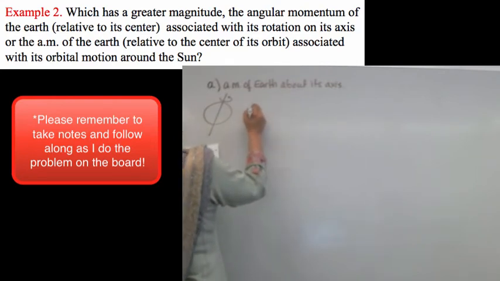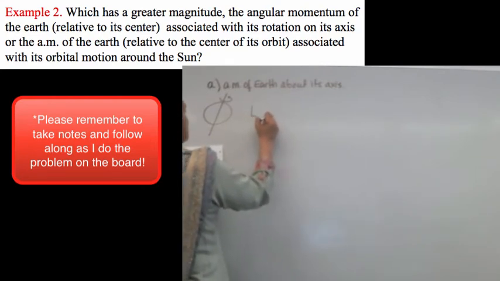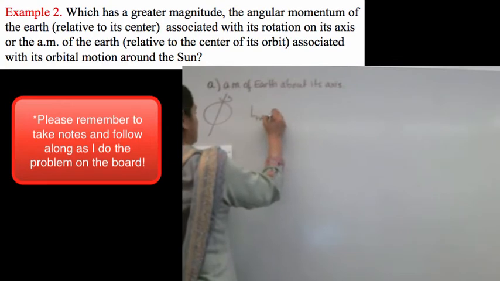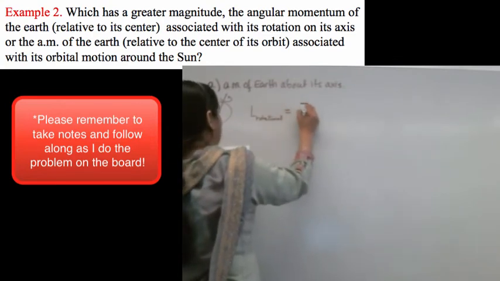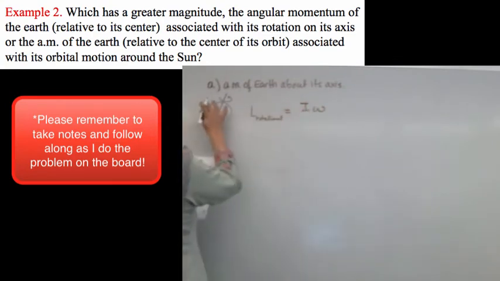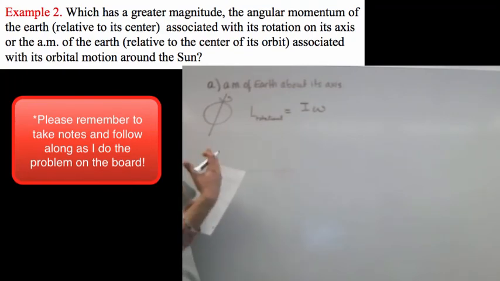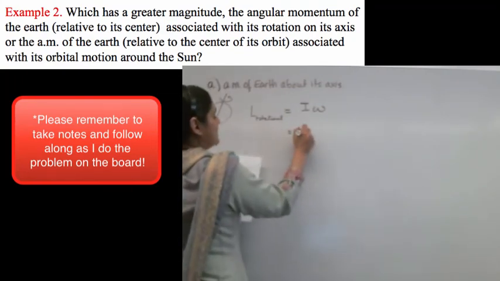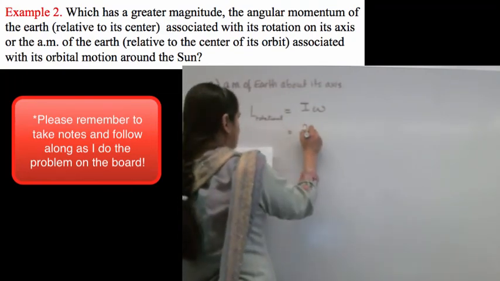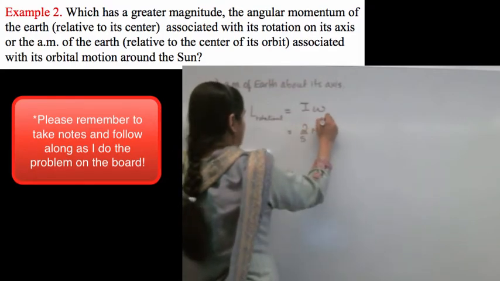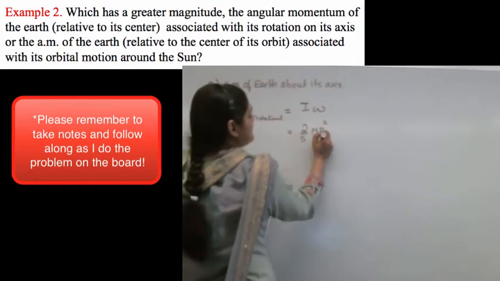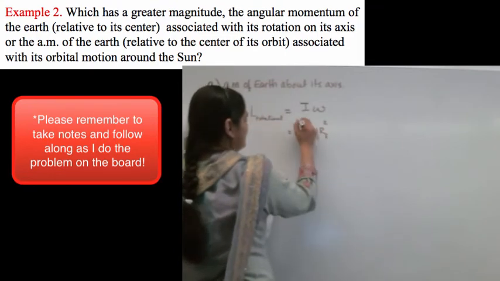I know that the rotational angular momentum is given by I omega. The Earth, I can almost consider it as a sphere, 2/5 r squared, right? In this case, it'll be the mass of the Earth and the radius of the Earth.